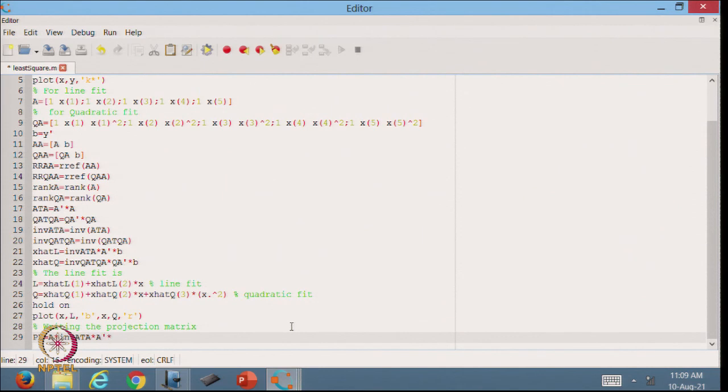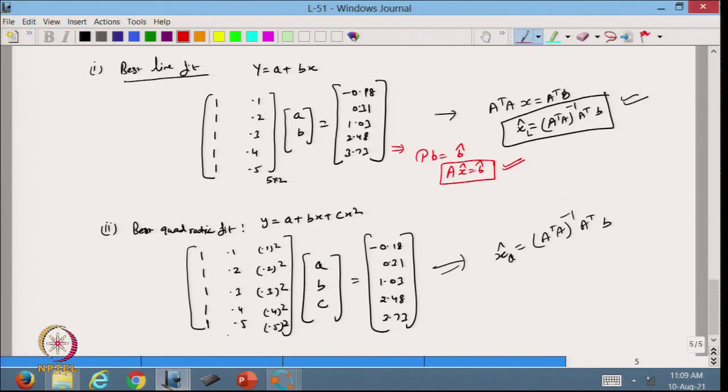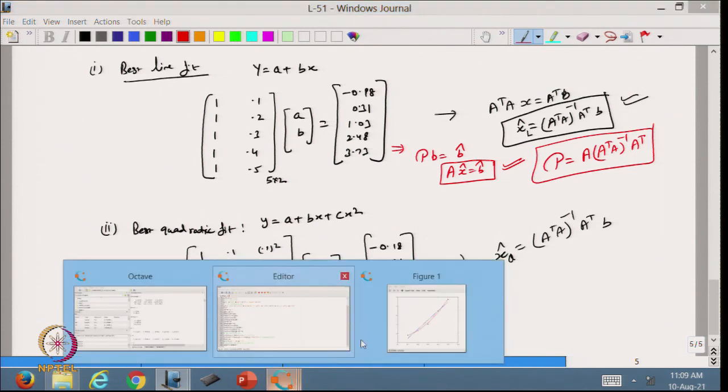So this is my projection matrix. The projection matrix is A transpose A inverse A transpose. So this is my projection matrix, and I am writing this one here.